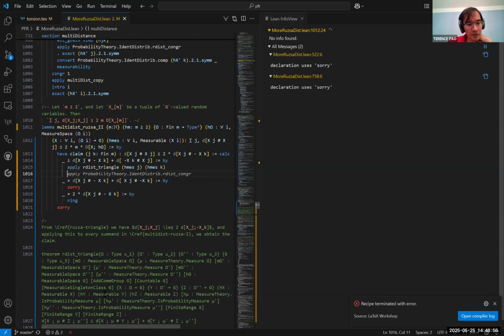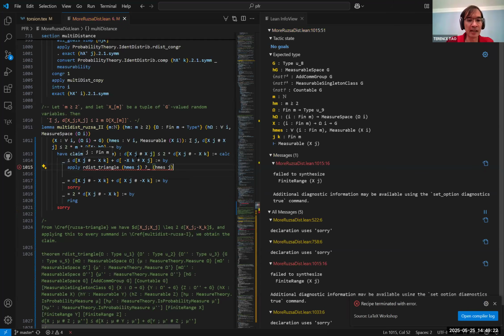In fact, there are only three arguments we need: the measurability of x, y, and z. So that's xj minus xk and xj. Actually, this one will not be right. This will be something which we will work out, and then h. Yeah, we need to give this method a measurability certificate for xj minus xk and xj.